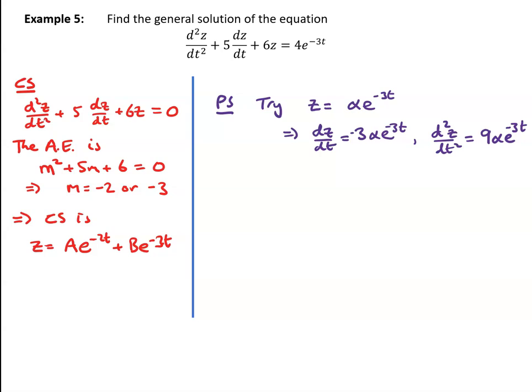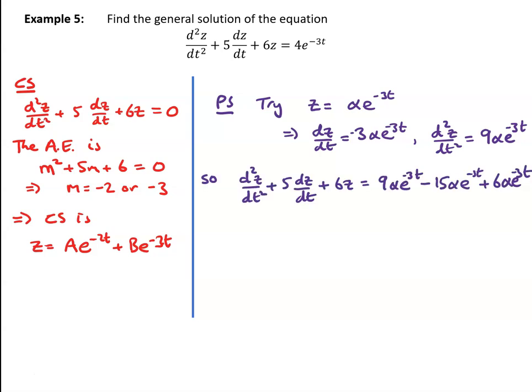And if we work out then d2z dt squared plus 5 dz by dt plus 6z, we get 9 alpha e to the minus 3t minus 15 alpha e to the minus 3t plus 6 alpha e to the minus 3t. That unfortunately becomes naught. So it would be very, very difficult to make that equal to 4e to the minus 3t.